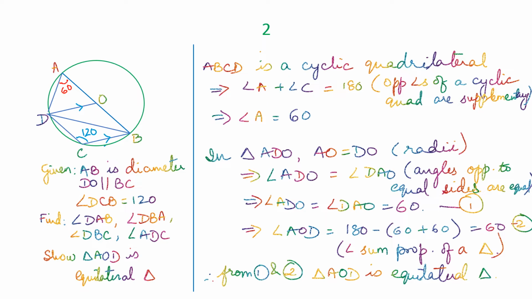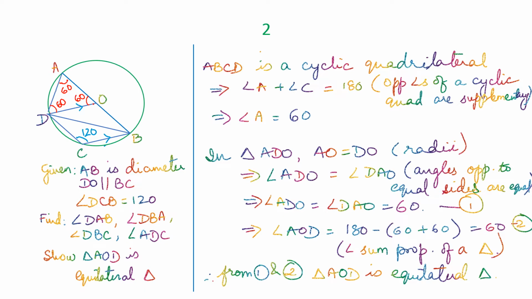Okay. Now, in this triangle ADO, you can see that AO is equal to DO because they are radii. It implies if this is 60, then this angle is also going to be equal to 60, which implies that this angle is also going to be equal to 60.